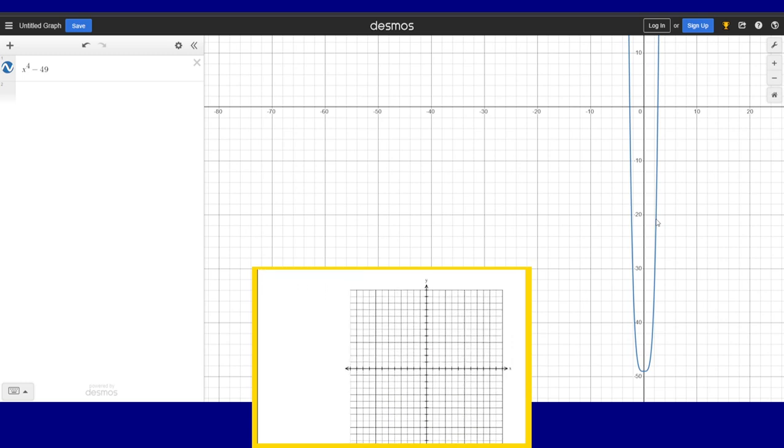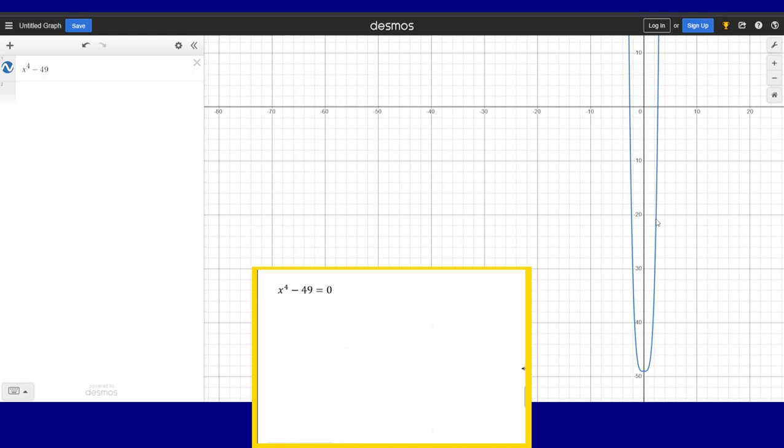Essentially, it looks like a quadratic, so I'm just going to roughly sketch it. So there is my sketch of my polynomial.